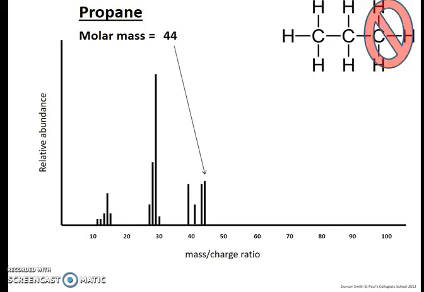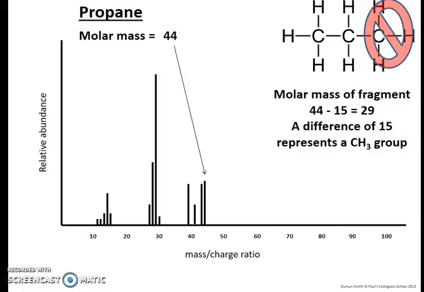You could lose a hydrogen, give you a peak at 43. You could lose an entire CH3 group, which will give you a peak at 29, and we can see that quite clearly there. Anytime you have a difference between the molecular ion peak and the next largest ion of 15, it usually represents the loss of a methyl group.